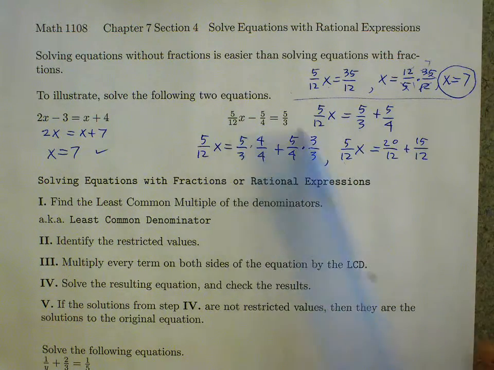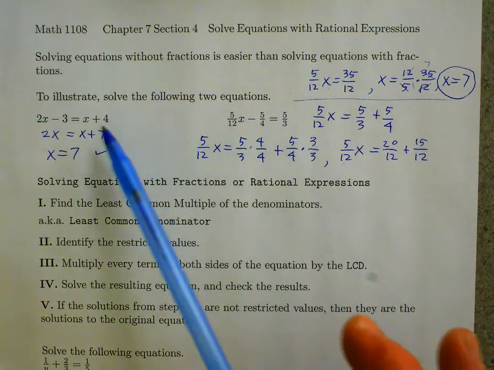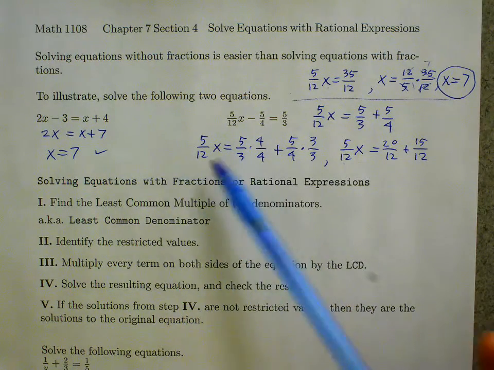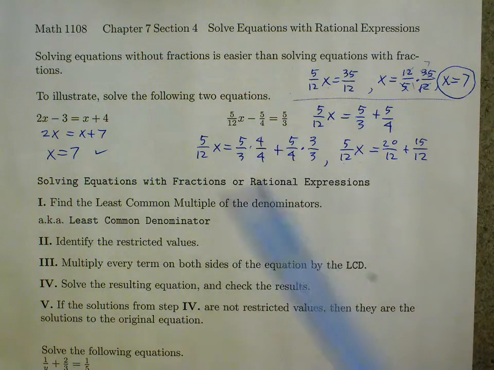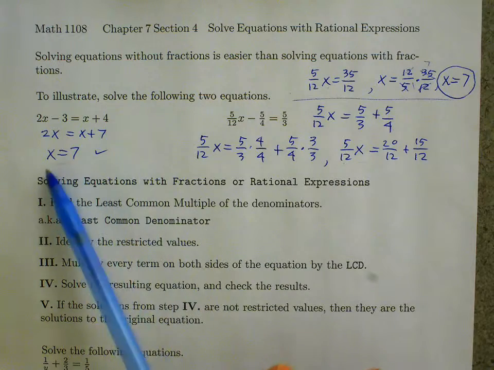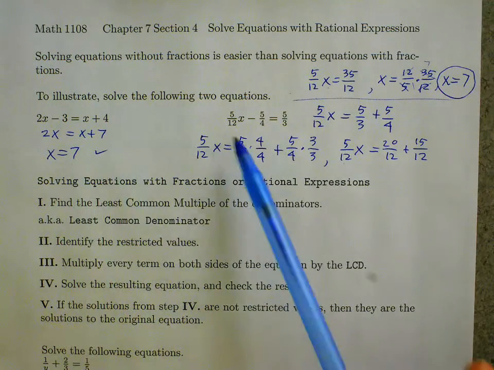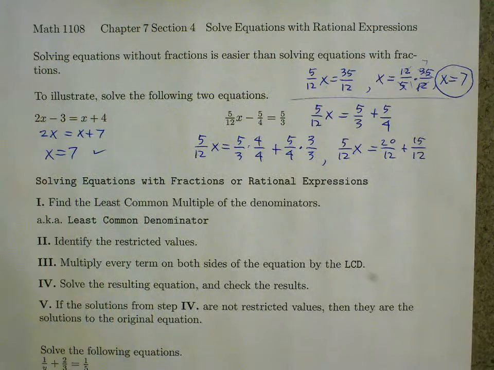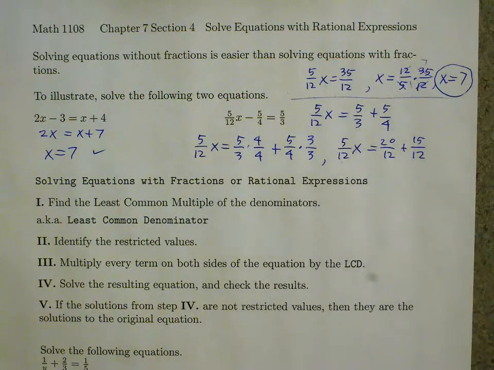So this equation is just a manipulation of this one. But I don't know, it seems pretty clear that solving the equation with fractions is harder than without fractions. Wait, the other way around. Solving without fractions is easier than with fractions.